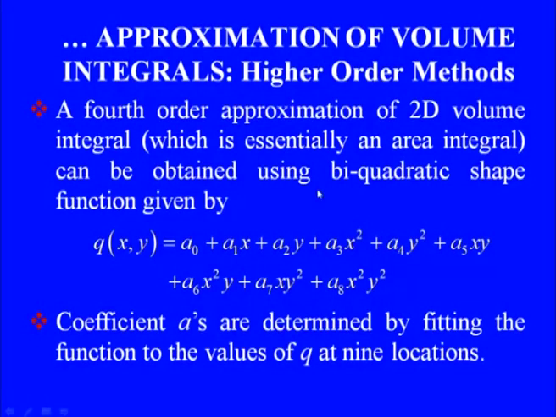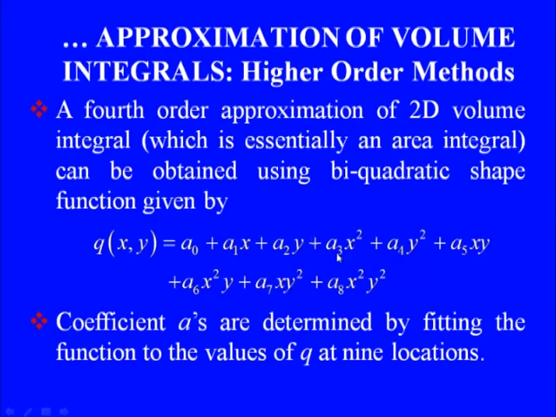For instance, let us say we are dealing with a 2D volume integral, which is essentially an area integral. So, we can use a biquadratic shape function for approximation of variable q. Q(x,y) can be given in terms of the coordinate values: a0 plus a1x plus a2y plus a3x square plus a4y square, a5xy plus a6x square y, and so on.